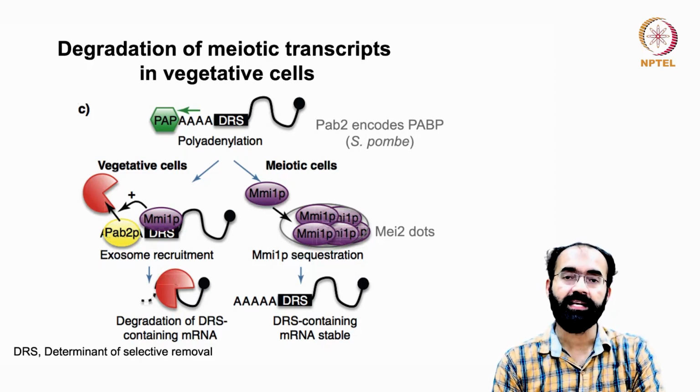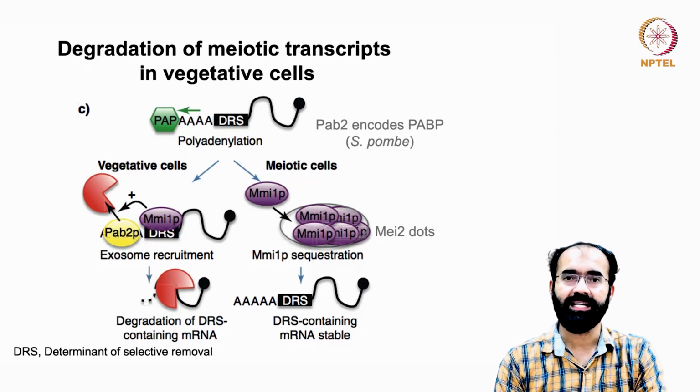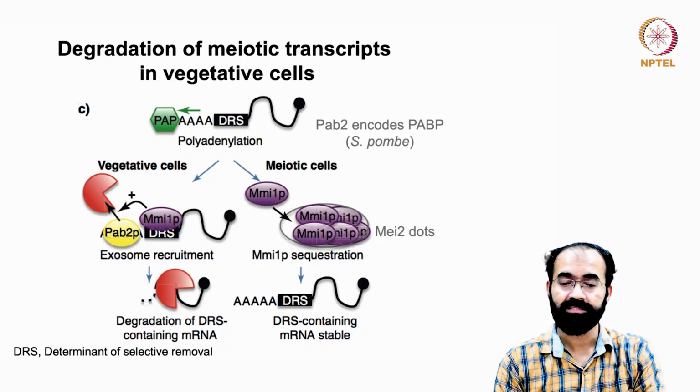So, if DRS containing RNA are stabilized in a meiotic cell, those RNA produce proteins required for the meiosis of the organism. So, in both cases it is a win-win situation. The vegetative cell finds this DRS containing RNA a nuisance, whereas the meiotic cell finds this DRS containing RNA a blessing.